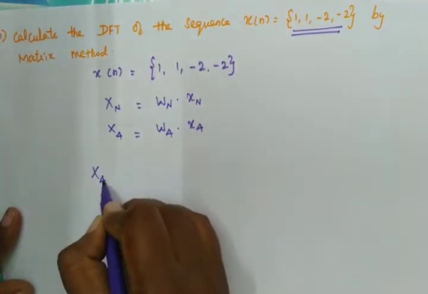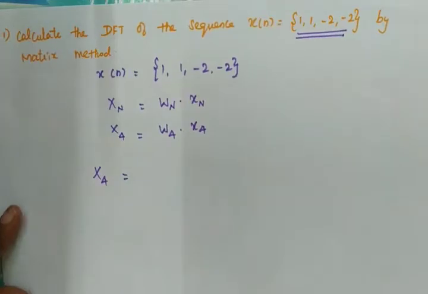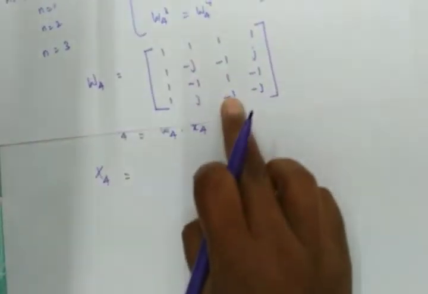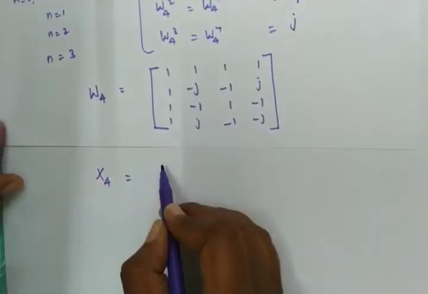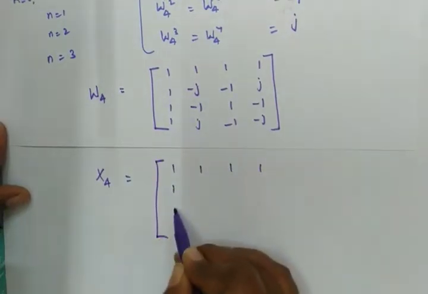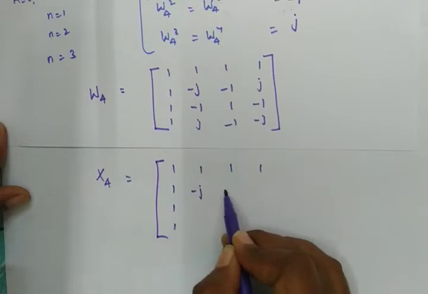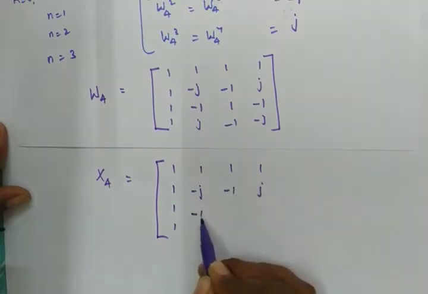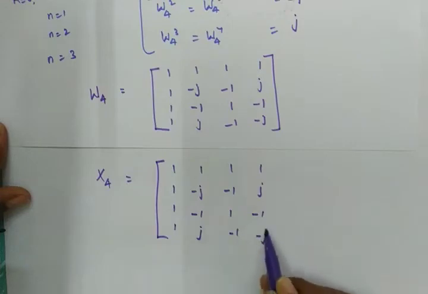What is this W4? Just now we have calculated it, so copy this: 1, 1, 1, 1, 1, minus j, minus 1, plus j, 1, minus 1, 1, minus 1, 1, j, minus 1, minus j. Now do matrix multiplication.